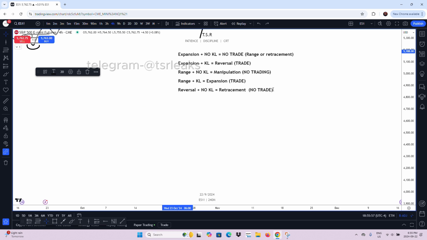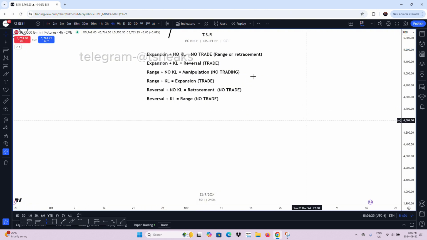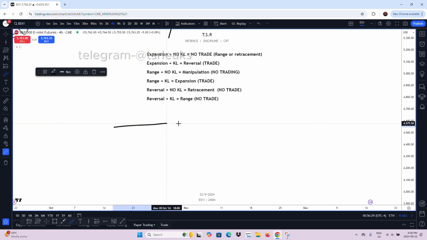Now, what happens when there is a reversal plus a key level? You guys are going to be surprised, but this is a no trade zone as well. We must avoid this, and the advanced students might enjoy this more, but for the beginners, avoid it. A range. No trade zone. So, this means we have a key level, two key levels here.